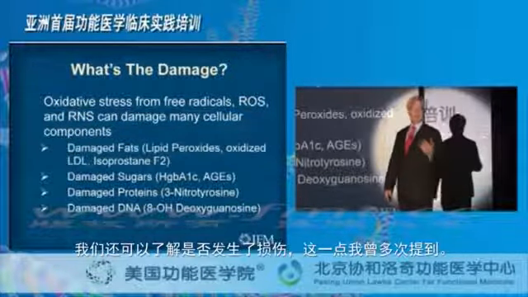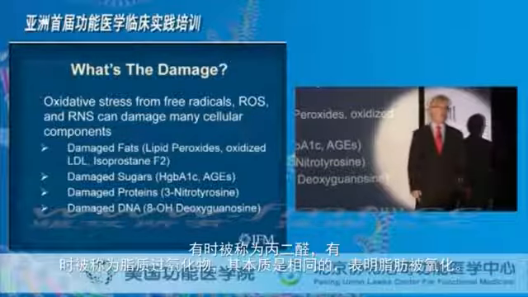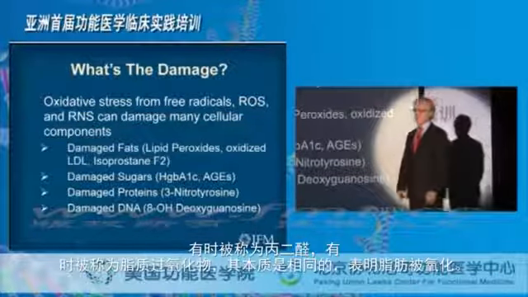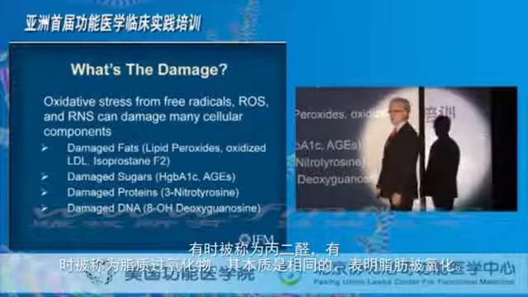I've mentioned several times, we can measure damage in the fats. The most common form is called lipid peroxides. This has different names. We'll see in a later scientific slide, sometimes called TBAR, sometimes called malondialdehyde, sometimes called lipid peroxide.